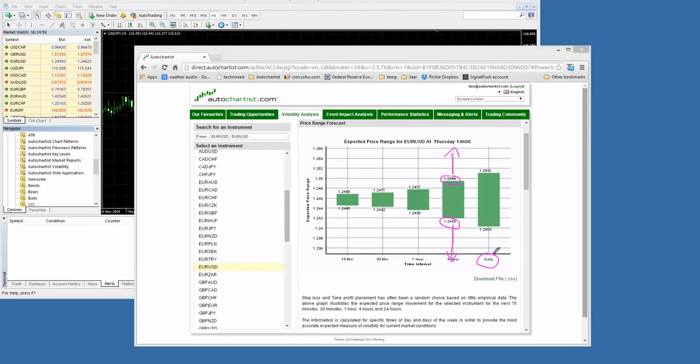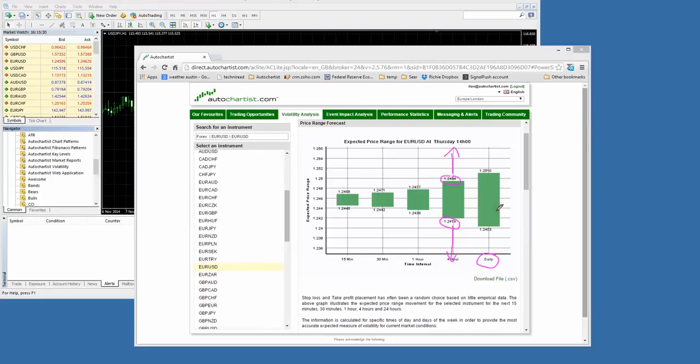If I want to hold my position for more than a day, let's say this is a long-term position that you identified using Autochartist chart patterns or your moving average or your RSI, whatever it is, on daily candles, and you want to hold your position for a day or two, then look at the daily volatility analysis. You should be setting your stop loss and take profit below 124.03 and above 125.10.